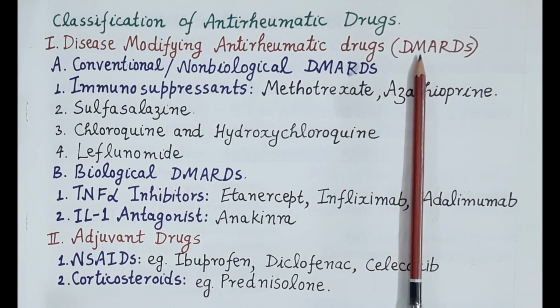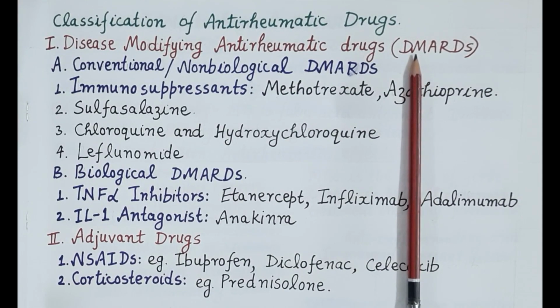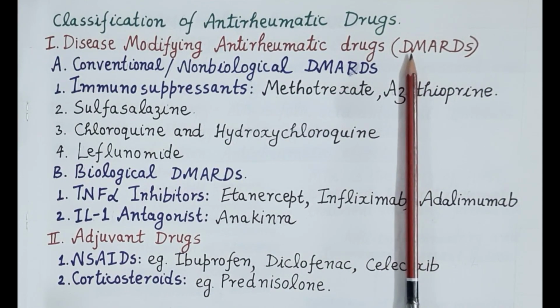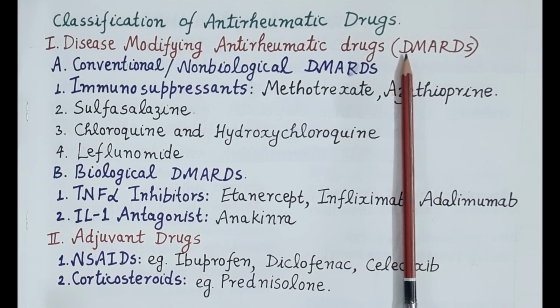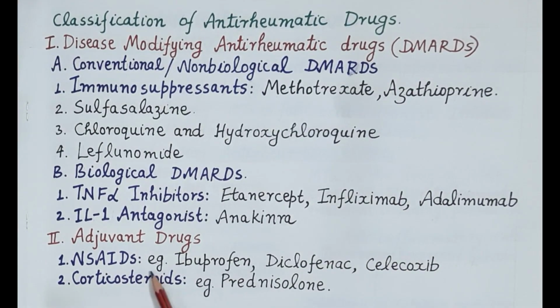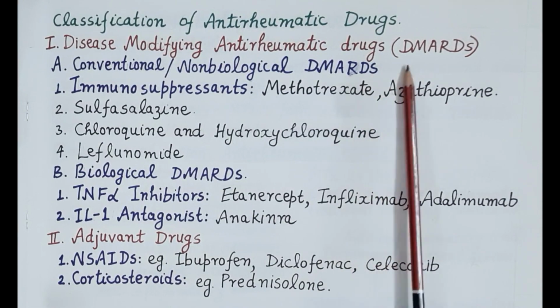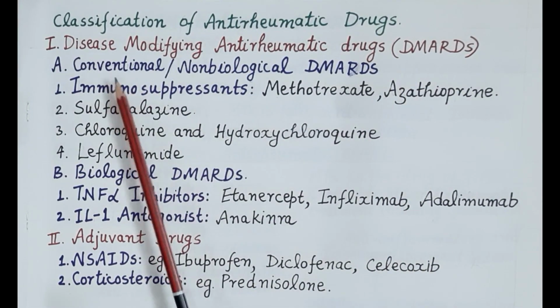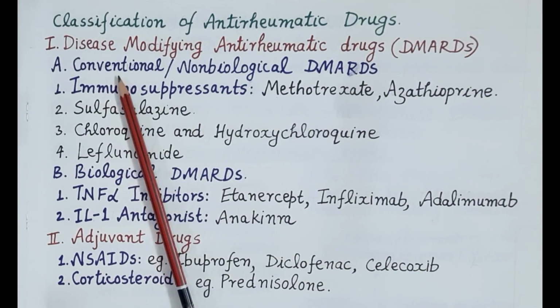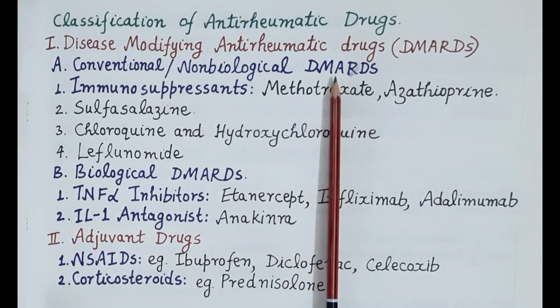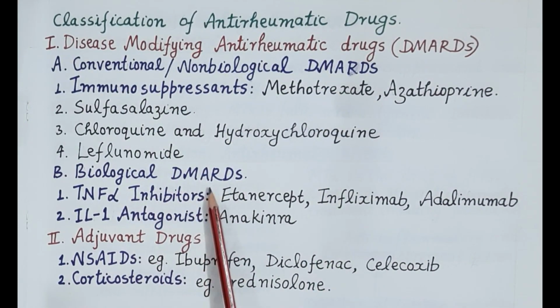Now these DMARDs are also associated with potential adverse effects, and the beneficial effect with DMARDs is seen a few months after the initiation of therapy, and till that time the patient can be given corticosteroids. Now these DMARDs are of two types: conventional or synthetic or non-biological DMARDs and biological DMARDs.